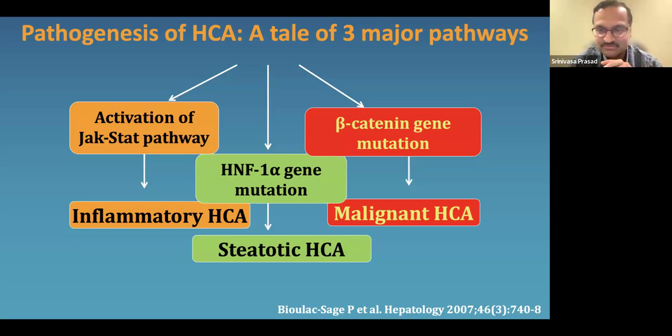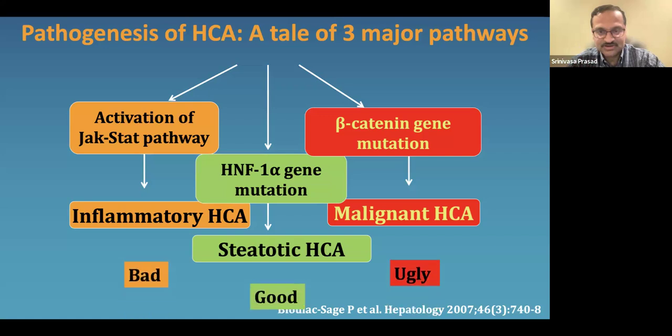Although there is what is referred to as the dark horse, the malignant hepatocellular adenomas characterized by beta-catenin mutations. By imaging, one can differentiate between the steatotic and the non-steatotic, but it's very difficult to prospectively call something malignant based on imaging characteristics.